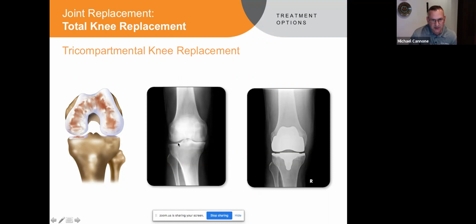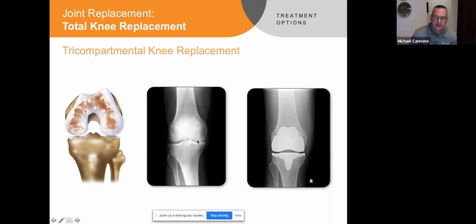This is the lateral joint, where you can see it looks like there is some joint surface preserved here. And this is an apparent space, right? So really there's things touching in here. You've got the articular cartilage touching articular cartilage. There's not really a space in your knee like that. And then when we look at this side of the knee here, the medial side, it's bone on bone. So you can see where the knee's narrowed down to complete loss of joint space there.